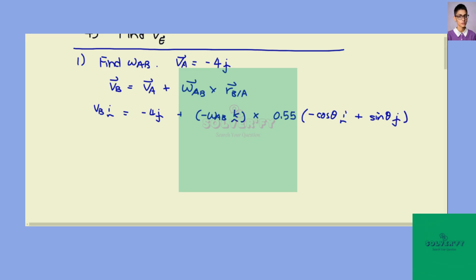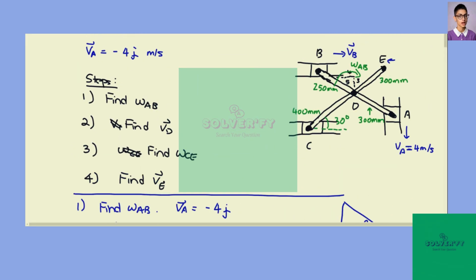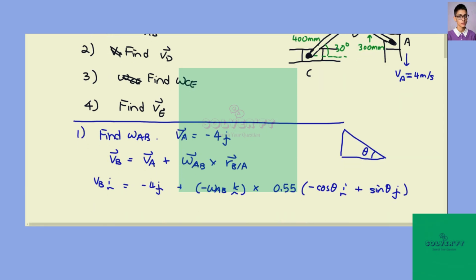In this question, the theta is this, and we are also given a triangle over here, with sides 5, 3, 4. This means that sine theta is 3 over 5, and cosine theta is 4 over 5.